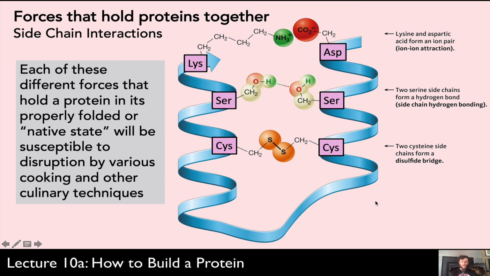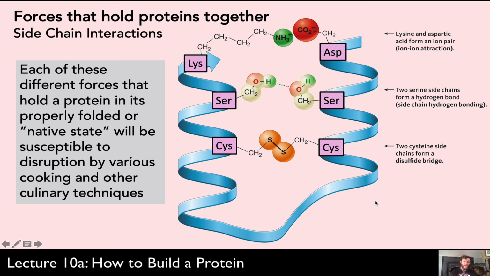You can also form what are called disulfide bridges between two cysteines. And this is an extremely powerful form of side chain interaction because it's forming an actual covalent bond between the two sulfurs in the cysteines. That's a very powerful interaction and difficult to break.